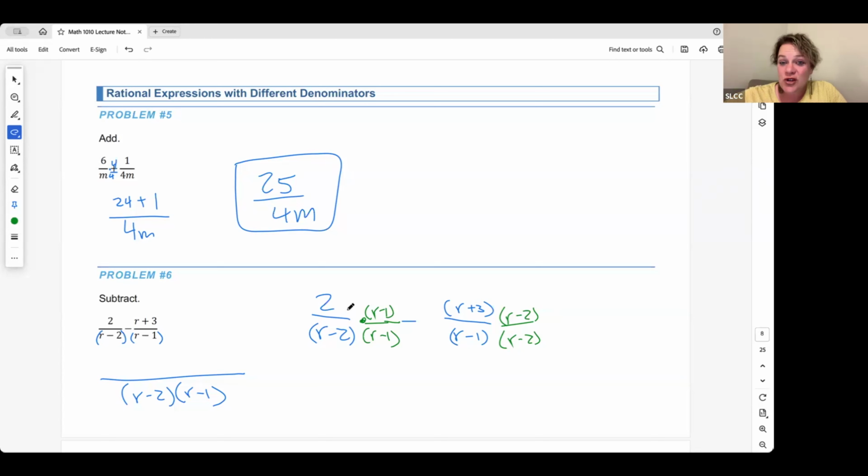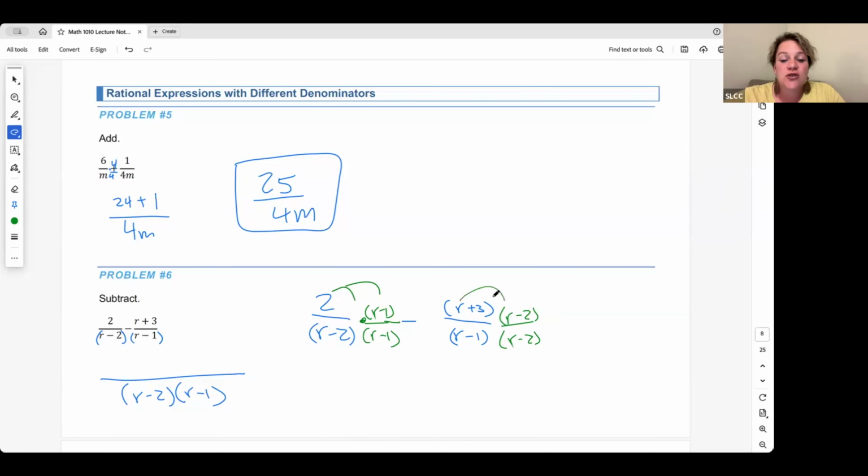Now, I need to distribute and combine like terms in order to simplify this subtraction problem. Notice subtraction means distribute the negative. Be careful when distributing. Let's look at the first piece, distributing the 2. And the second one, we're distributing a binomial.